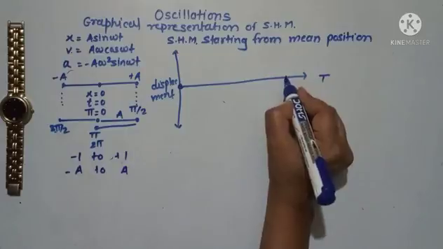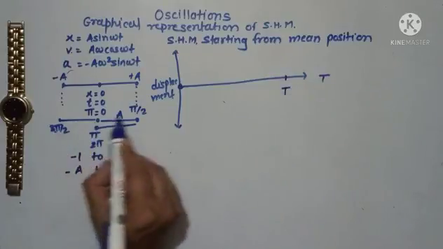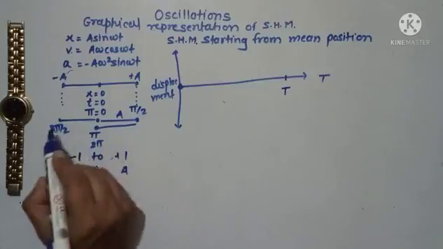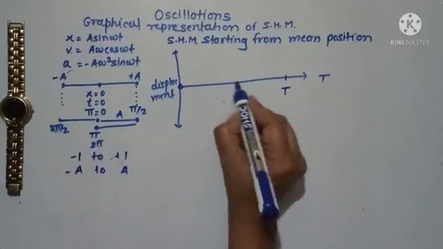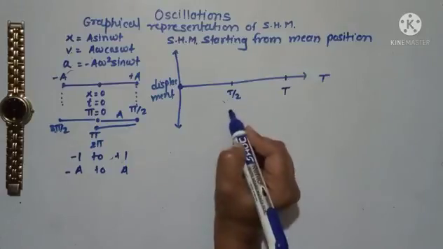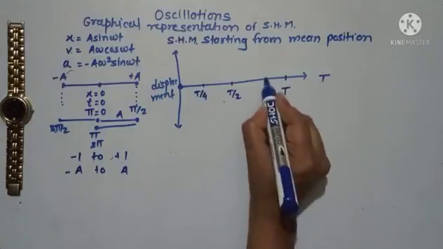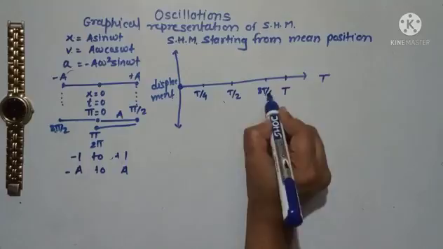Now suppose in a complete time period, the phase is changing many times. Suppose t is the time required for one complete oscillation, so this total time period can be divided into t by 2, this is t by 4, and this is 3t by 4.